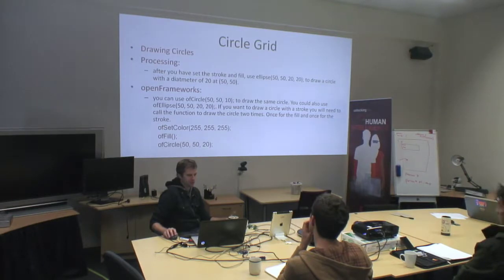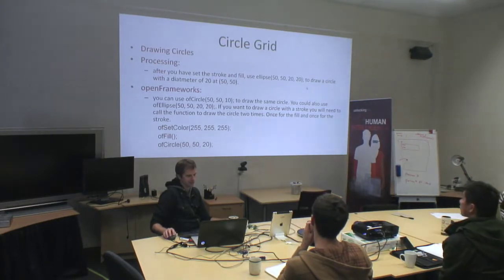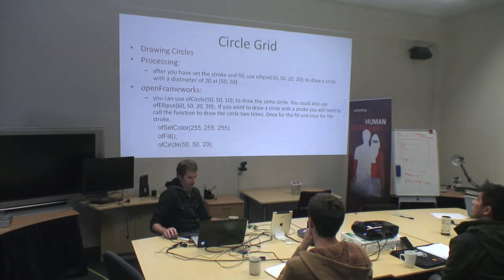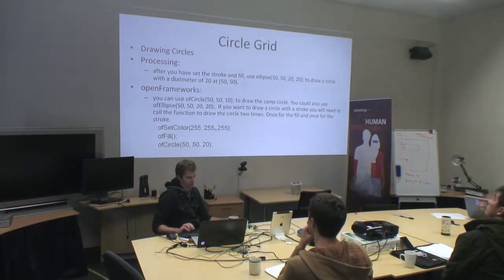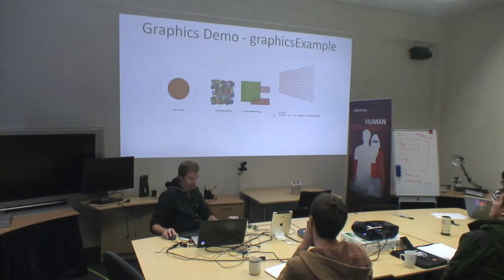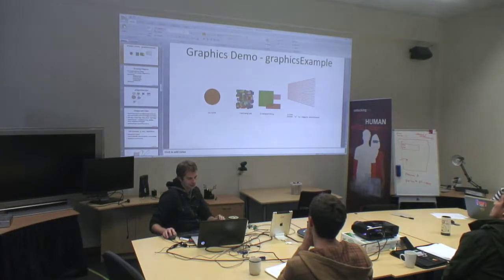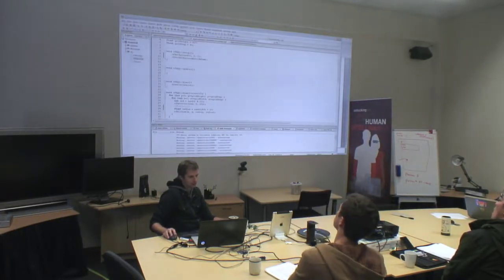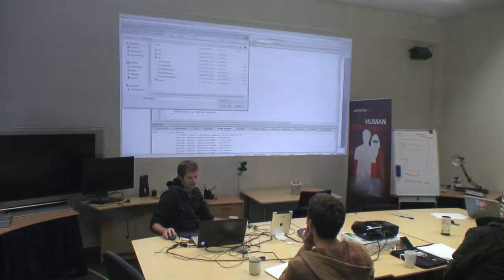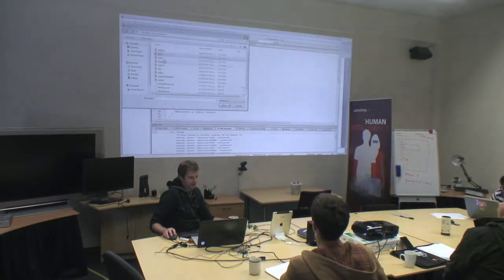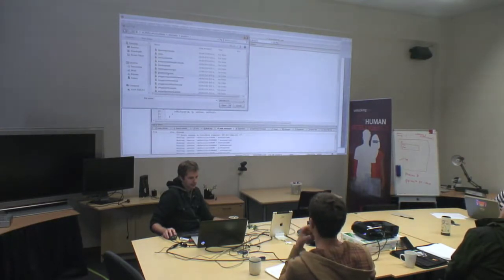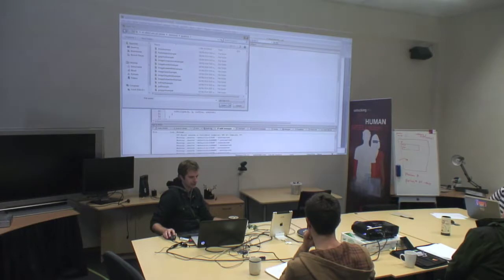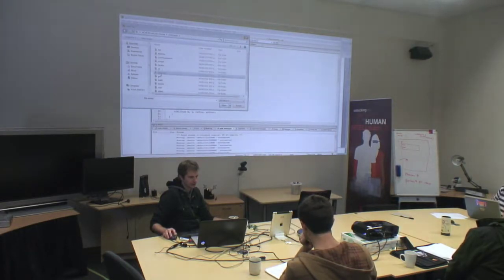And then drawing circles: in Processing, ellipse. In openFrameworks, we use ofCircle or ofEllipse. So yeah, nice and easy. As I mentioned before, openFrameworks comes with a bunch of examples, which are in the examples folder. If, for example, we want to look at graphics examples, we go into examples, graphics, and there's a ton here.